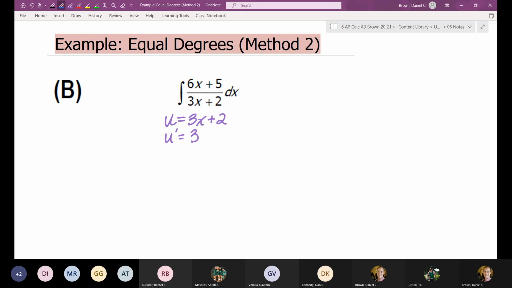So think to yourself, what would that numerator need to be if I wanted to eventually cancel with that 3x plus 2? Matthew says 6x plus 4.